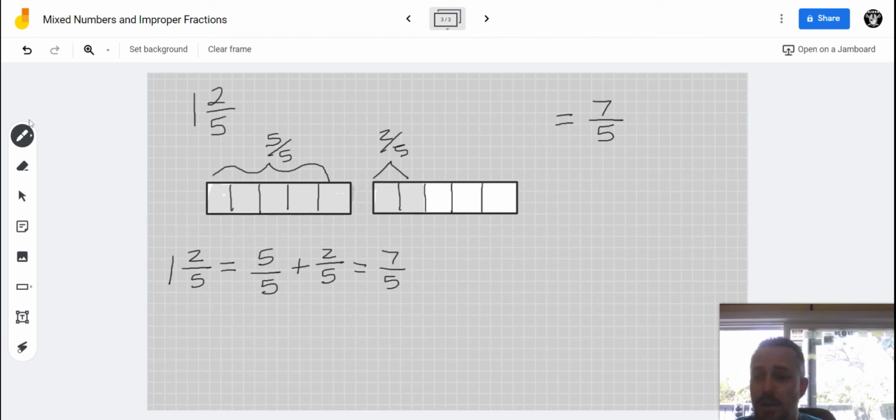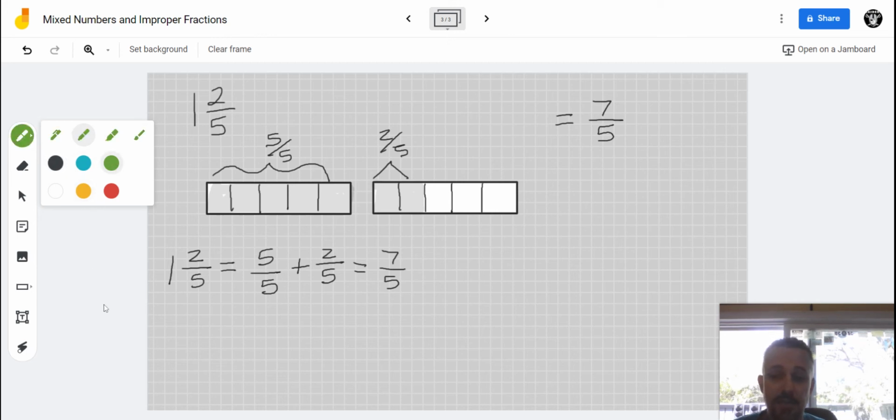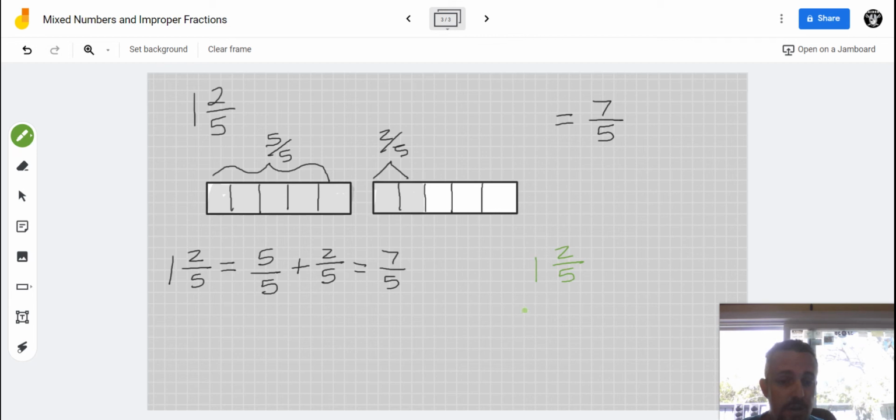All right, so let's try out a different method. Another possibility when you have a mixed number like 1 2/5 is to multiply your denominator times your whole number. So you say 5 times 1, and that's what you do first. I'll put that in parentheses.